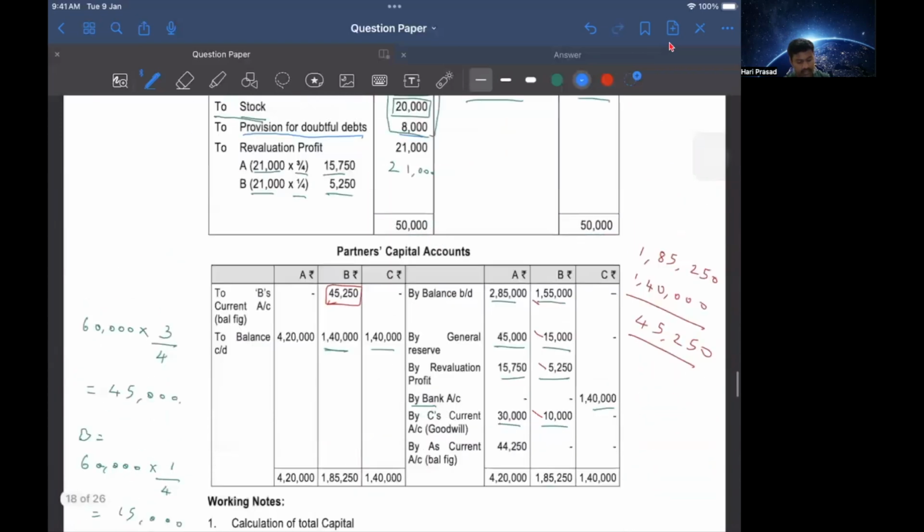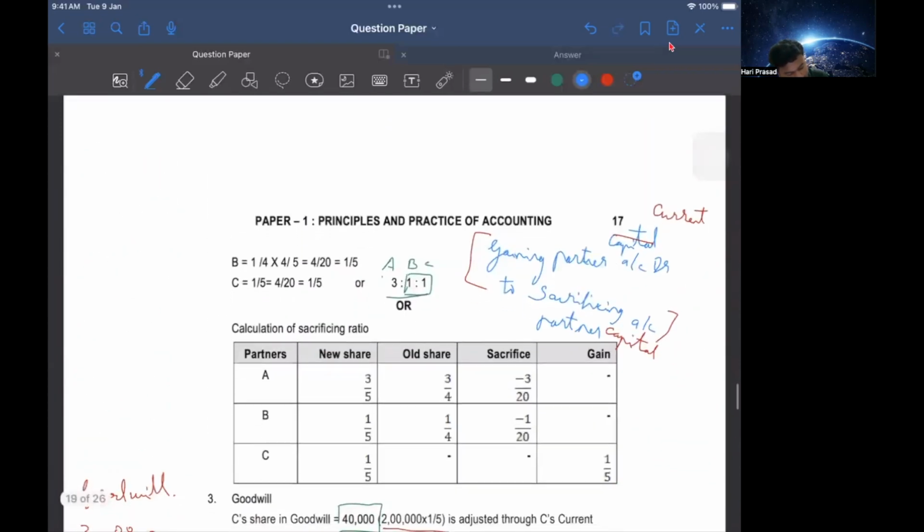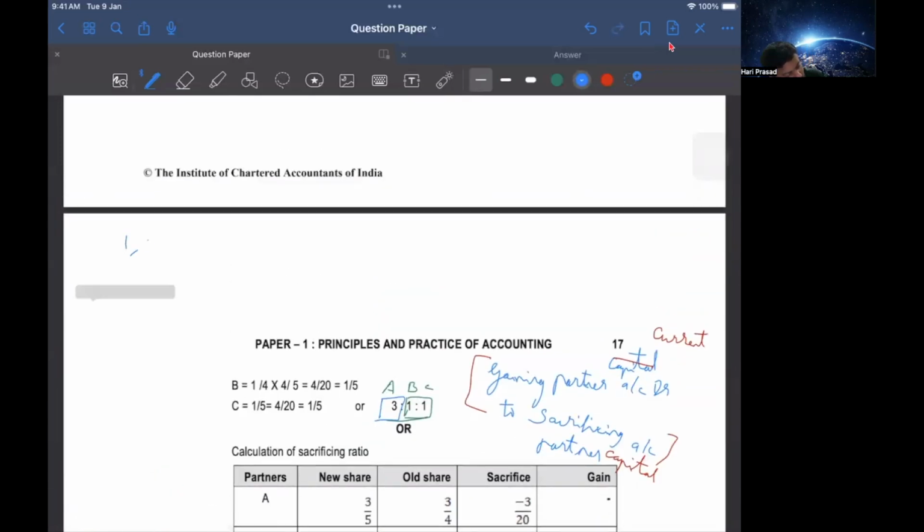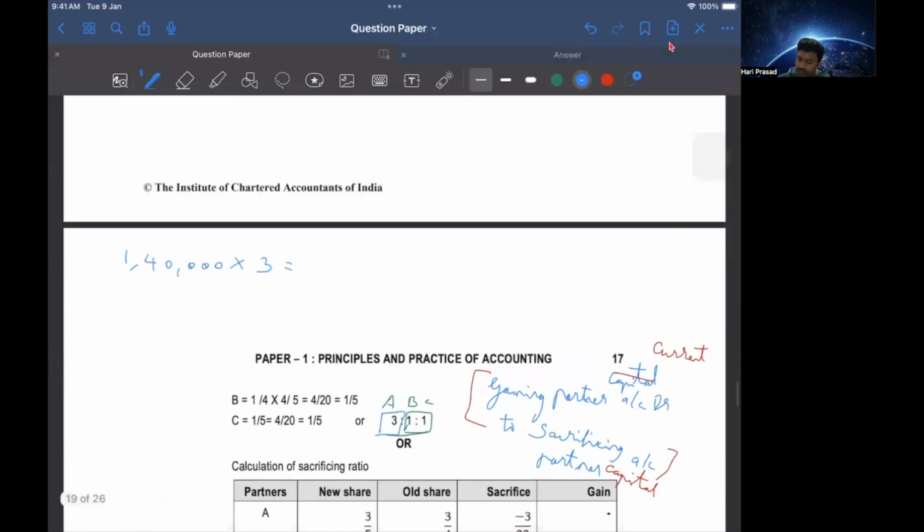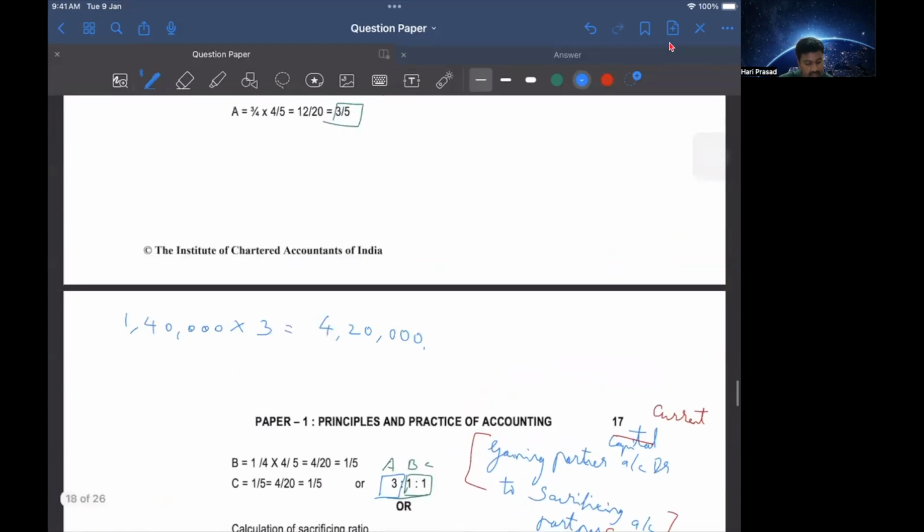Again, by this ratio, A's capital account should be 3 times of B and C's capital. What is B and C's capital here? 1,40,000. What is 3 times 1,40,000? 4,20,000 should be A's capital.